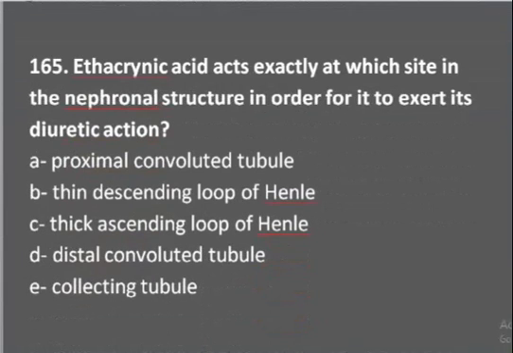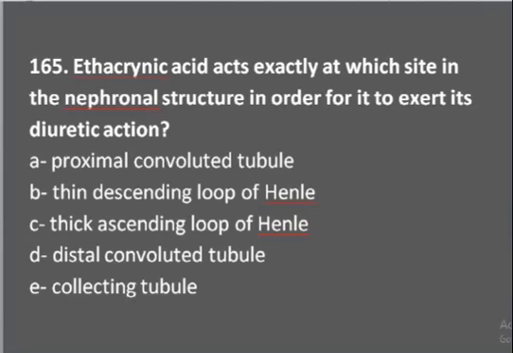Now the fifth MCQ, ethacrinic acid acts exactly at which site in the nephronal structure in order to exert its diuretic action. Actually, we know that ethacrinic acid is a loop diuretic, and loop diuretics act on the loop of Henle. So the other options are irrelevant here.